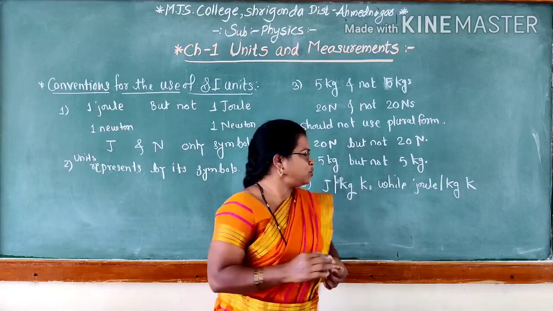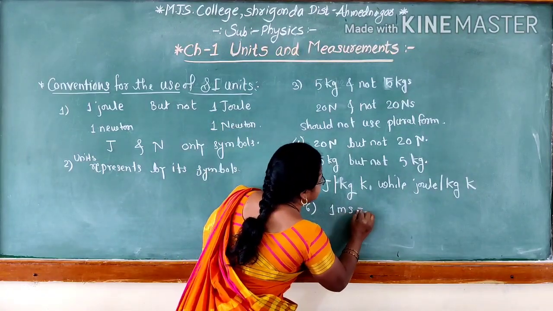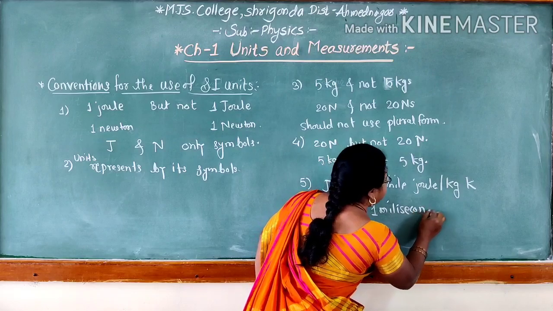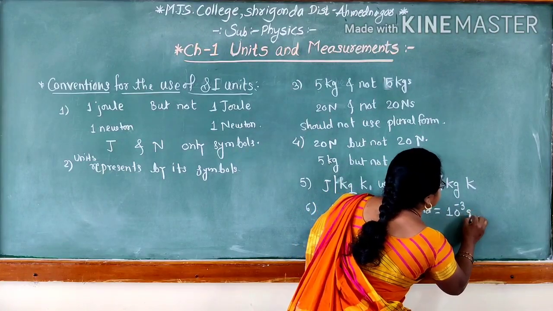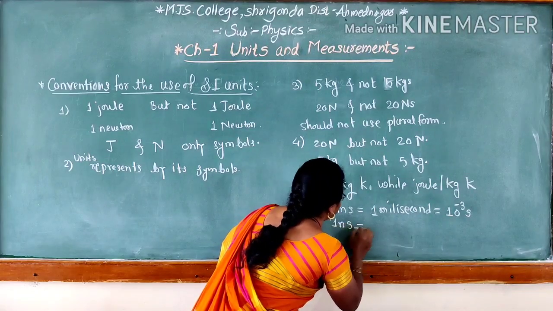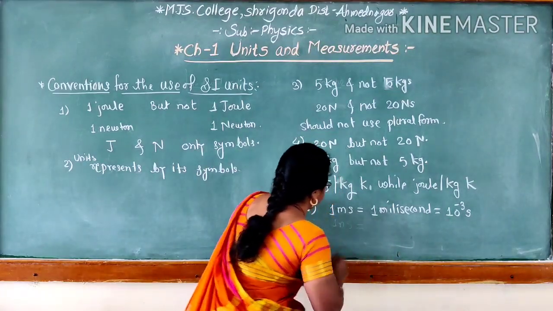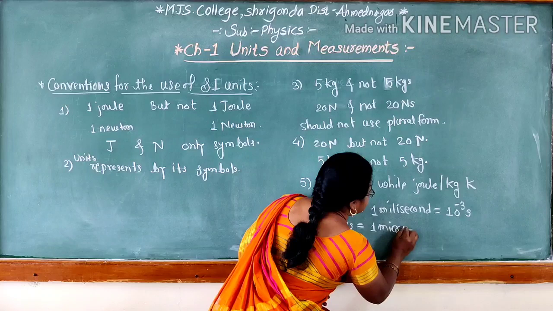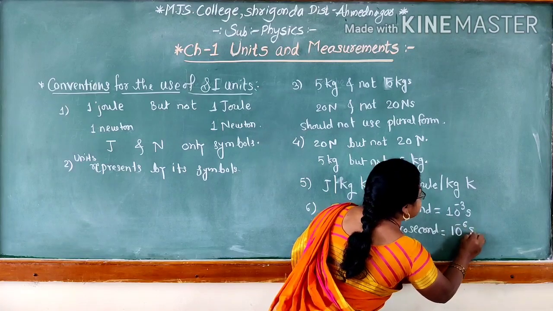For example, 1 millisecond can be written as 10 raised to minus 3 second. 1 microsecond can be written as 10 raised to minus 6 second.